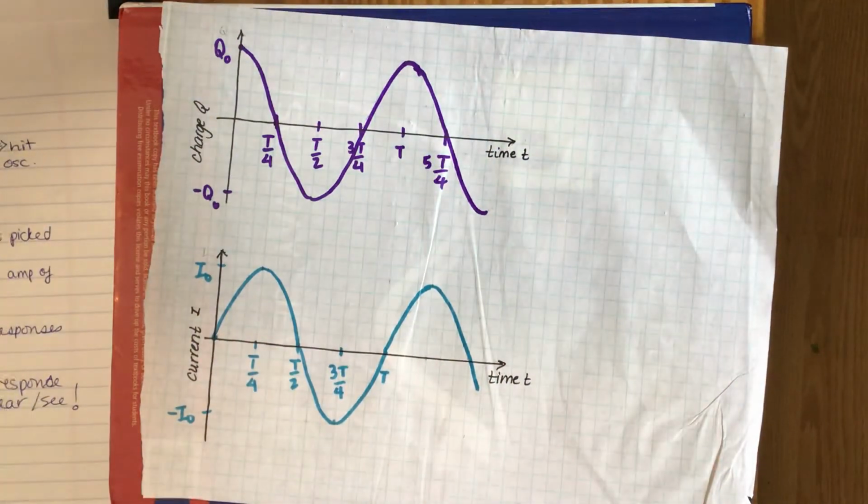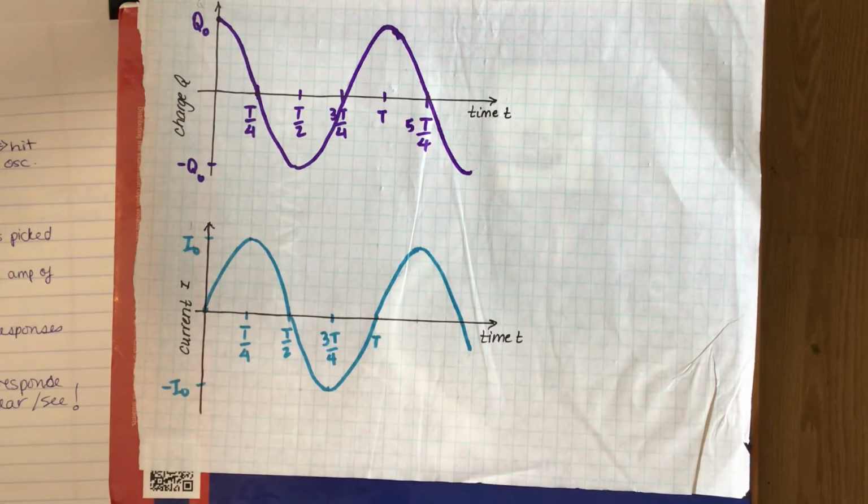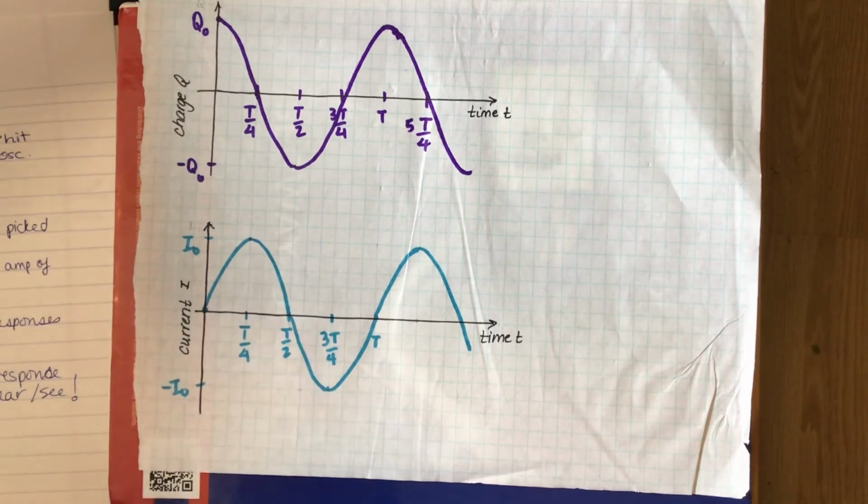Something that's interesting to add, and this just gives us an idea of why these are such important circuits. If you remember, when we had simple harmonic oscillators like masses on springs or a simple pendulum like a swing, if you drive an oscillating system at its natural frequency, at omega equals root k over m, so you apply an external force which also oscillates at the same frequency, what you get is resonance.